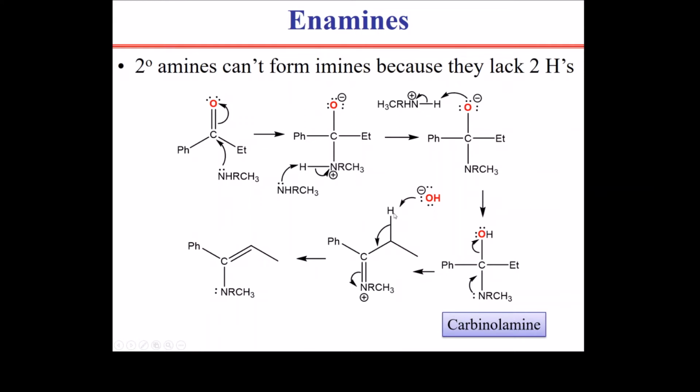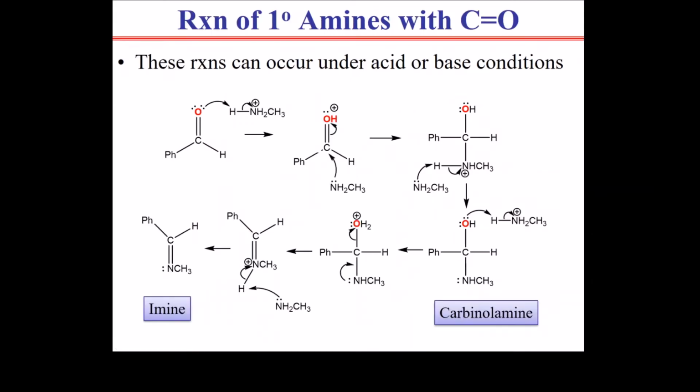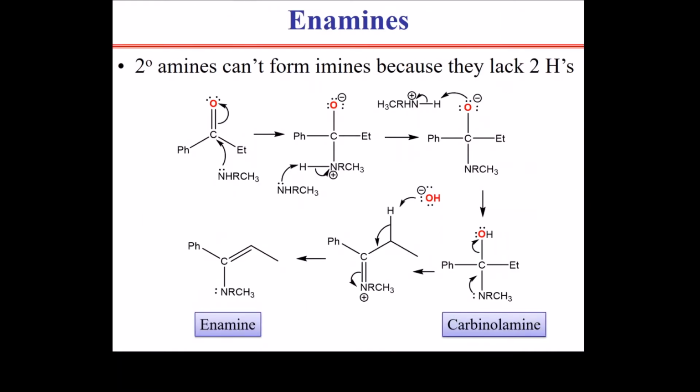So this is where the hydrogen is going to be pulled off, and we end up with an alkene attached to an amine. That's where the term enamine comes from. And so the purpose of these 2 mechanisms was to review the formation of imines and enamines that we saw in a previous chapter.